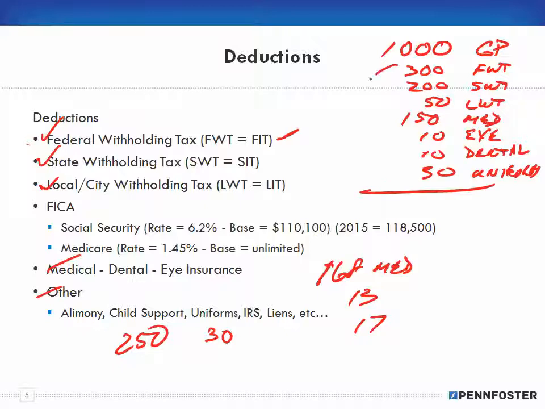These are all deductions, and whatever they total up to, that's $750 of my deductions. That means my net take-home pay, my net pay, would be $250. So that's how the deductions work. All right, and I'm going to stop here, and then we'll go over the net pay.